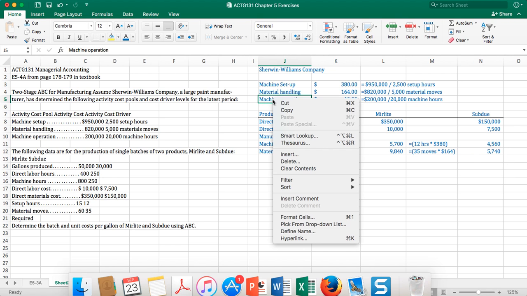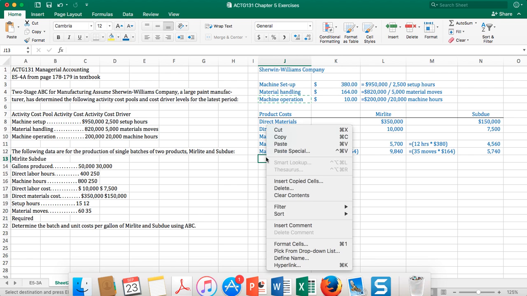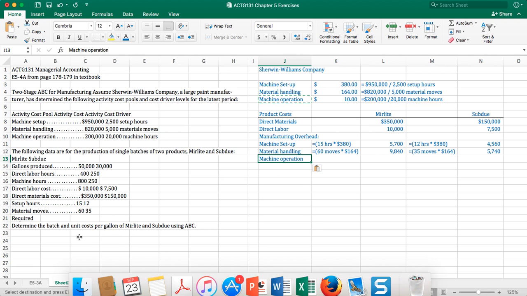And finally, there's the machine operation. So let's put it here. And the machine operation is based on machine hours, right? It's based on machine hours. And here's the information right here. 800 for Merlite and 250 for Subdue. So we have 800 machine hours multiplied by $10 per hour.